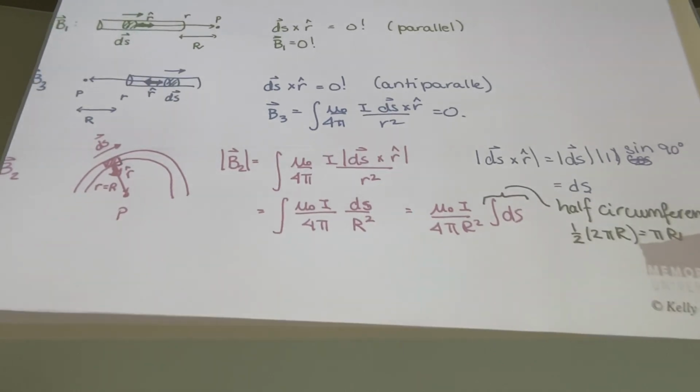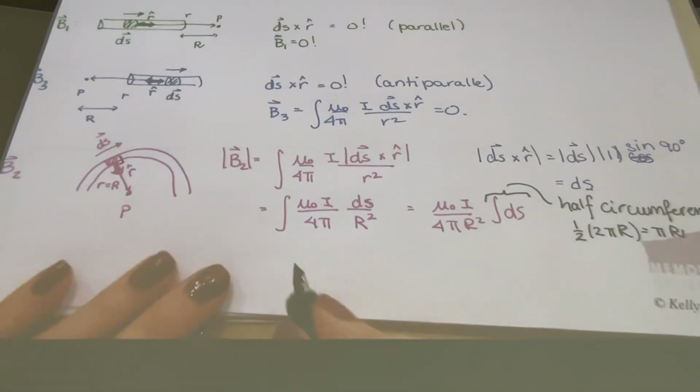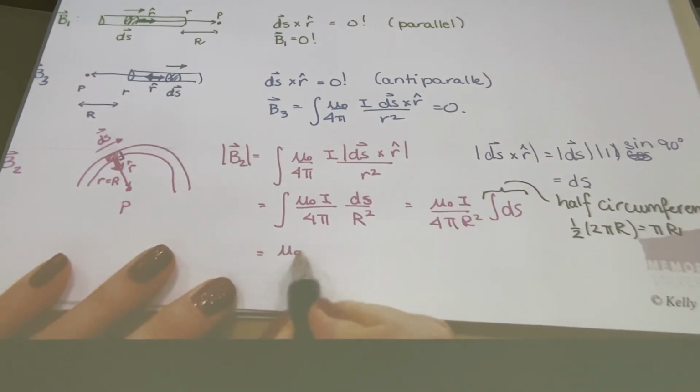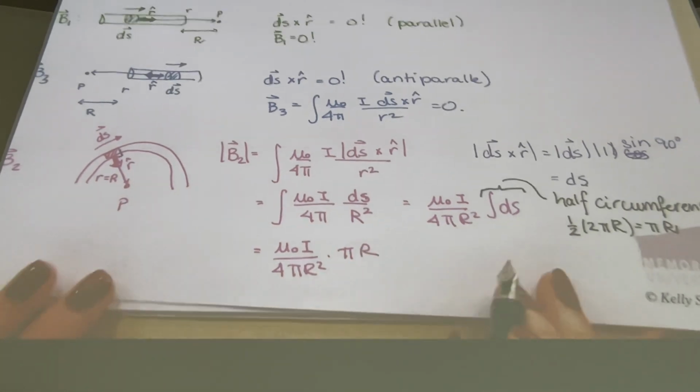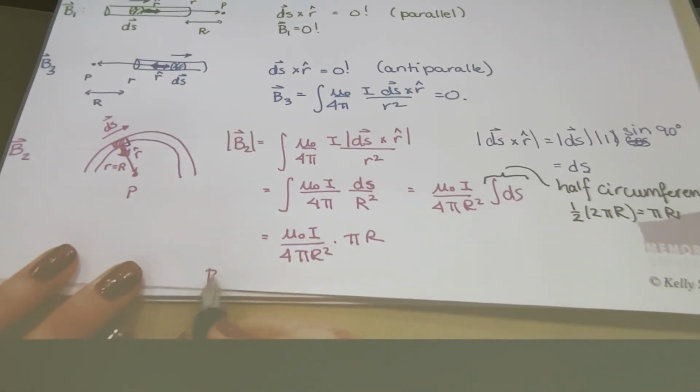So there's our integral ds, we'll put that in. Mu naught I over 4 pi r squared times pi r gives us the size of that magnetic field B2 is mu naught times I divided by 2 pi.